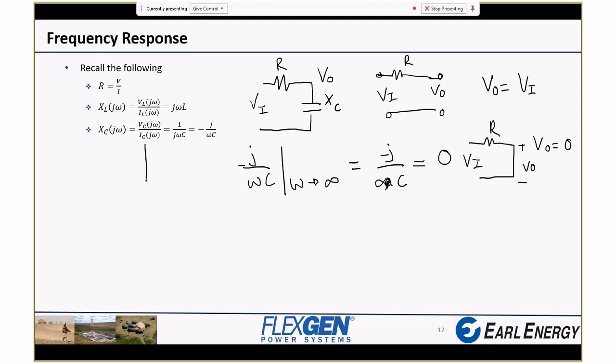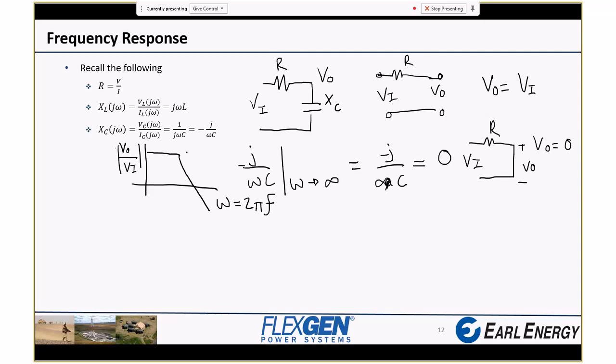If you put this on a Bode plot, which is a measure of the amplitude of V out over V in versus frequency, where again omega is 2 pi f, so omega is in radians per second and f is hertz, the Bode plot of this RC low-pass filter is flat for a while, and then tends towards 0 at high frequencies.